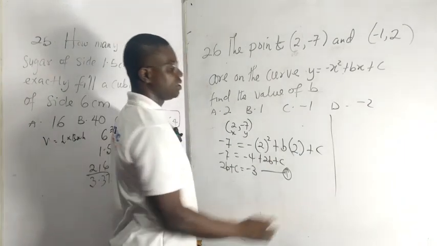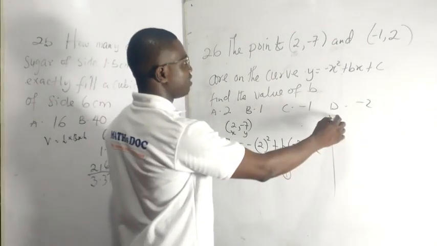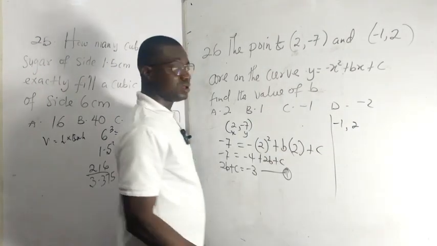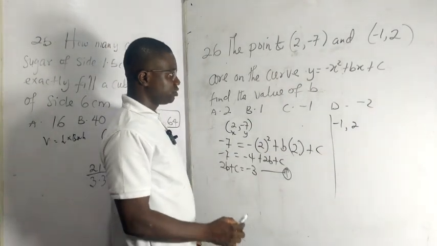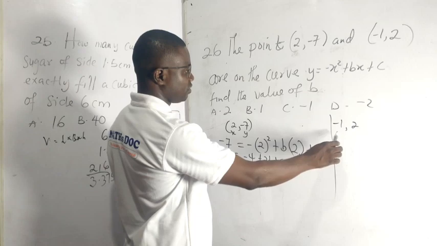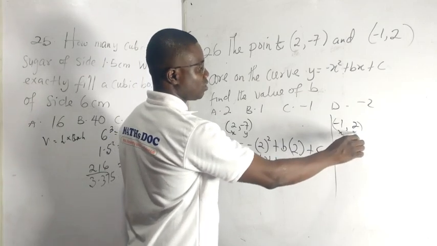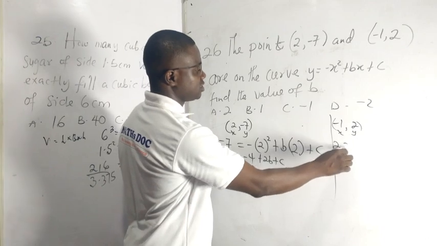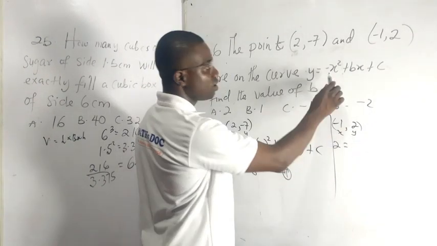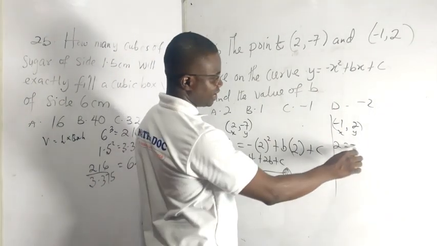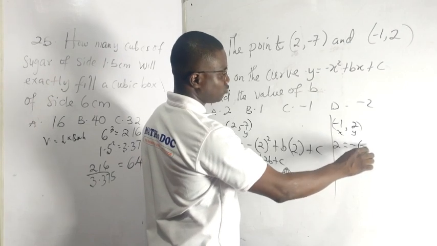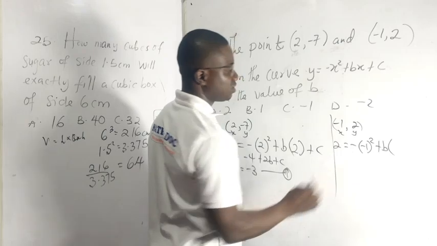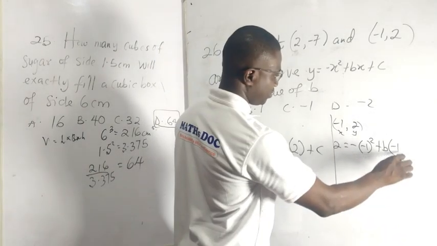Now let's look at the second equation, which we have from the point minus 1 comma 2. Substituting that into our expression, this is our x, this is our y. I hope you get that. So our y is 2, which is equal to minus x squared. We have minus already, then the minus 1 squared, plus b times minus 1, then plus c.